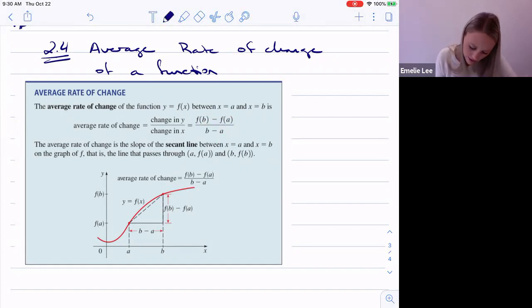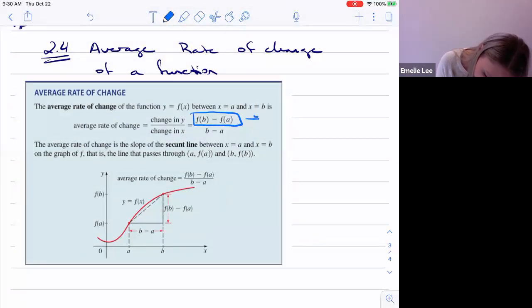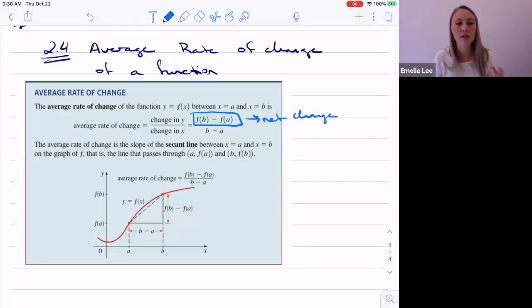Notice though that this is the net change, right? So the average rate of change is the net change divided by the change in x.